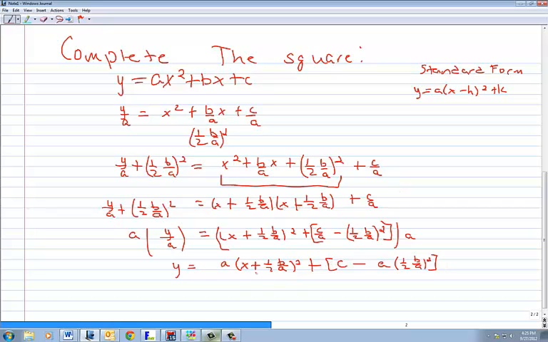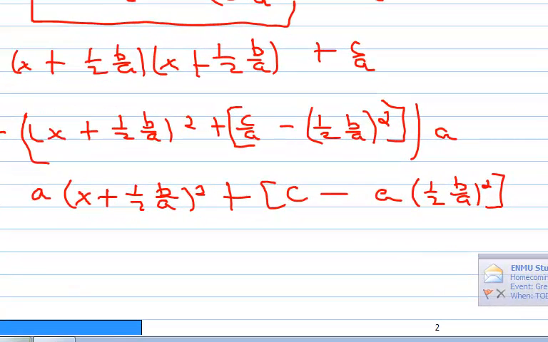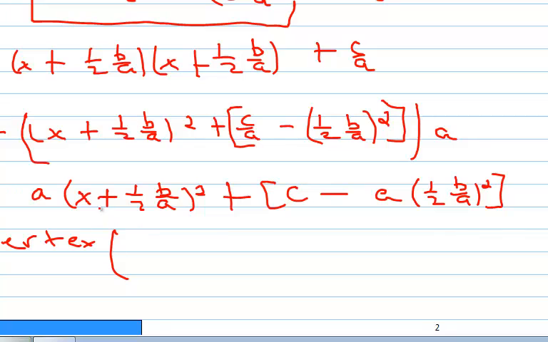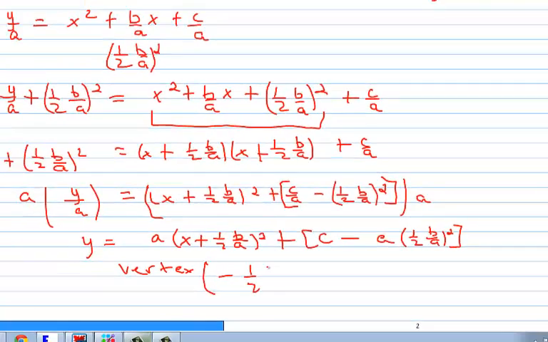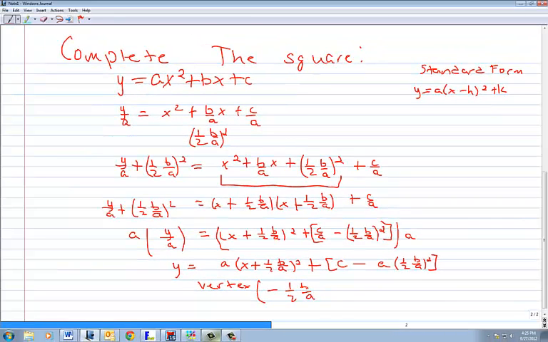Here we have a plus instead of a minus, but that just means the vertex has a negative 1/2 b over a as the x-coordinate. The y-coordinate is technically this other expression, but that's hard to look at and hard to memorize.